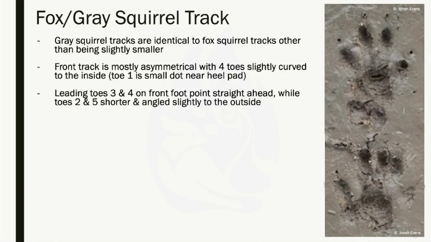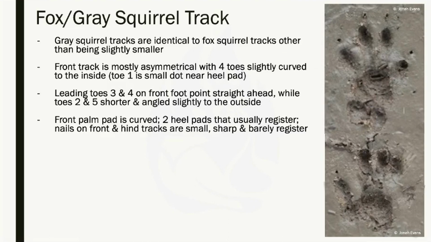The leading toes on the front foot, in other words the toes at the top, are toes 3 and 4, because toe 1 is on the inside and doesn't register, and then you have toes 2, 3, 4, and 5 here. They point mostly straight ahead. It'll be a little bit splayed, with toes 2 and 5 shorter and angled more to the outside.